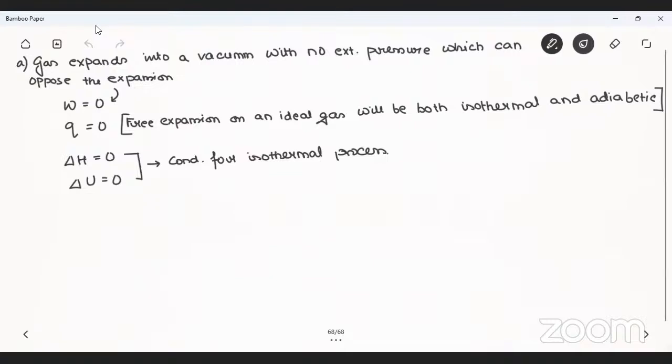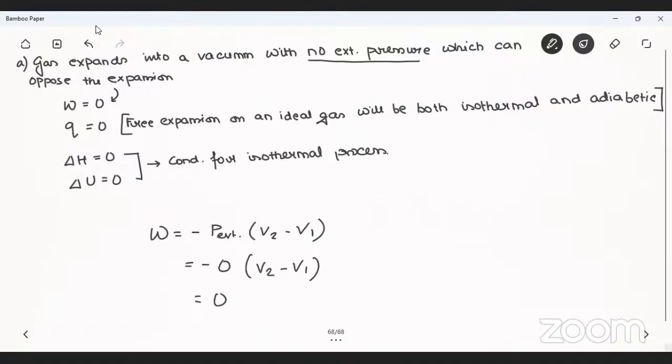We know that the formula for work done is minus P external times V2 minus V1. Free expansion means no external pressure, so minus P external becomes 0. So this work done becomes 0.